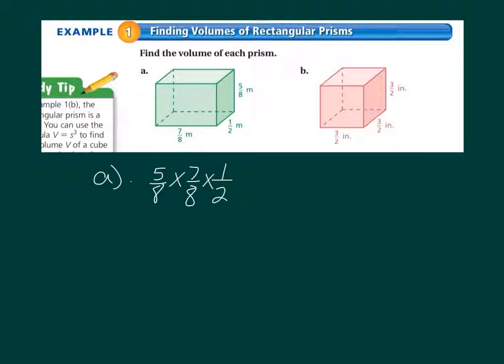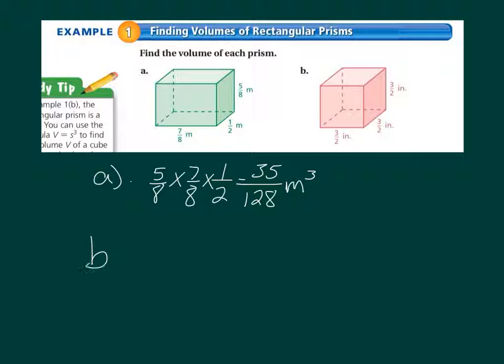Again, look to cross-cancel. I can't cancel anything out, so all I need to do is multiply straight across the top. 5 times 7 times 1 gives me 35. 8 times 8 times 2, let's see, I get 64 times 2, so it looks like I'm going to get 128. Again, if I were able to reduce, I would have been able to cross-cancel some things, but I can't, so 35 over 128, and it's going to be meters to the third power because volume is in units cubed.